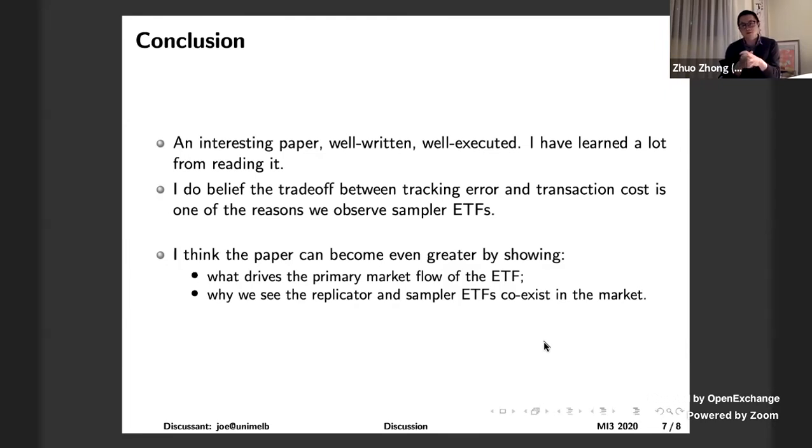And I think the paper can be further improved if they dig into questions such as what drives the primary market flow. From the most recent update, it feels like you guys are taking that direction. And also, it'd be nice to show or to discuss why we see replicators and samplers coexist in the market. Okay, so with that being said, let me stop sharing my screen.